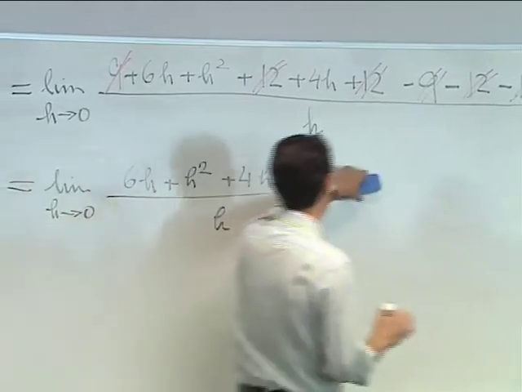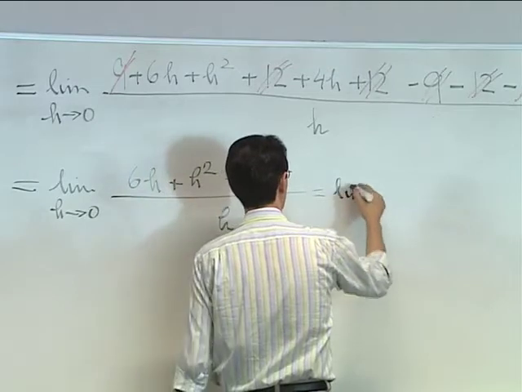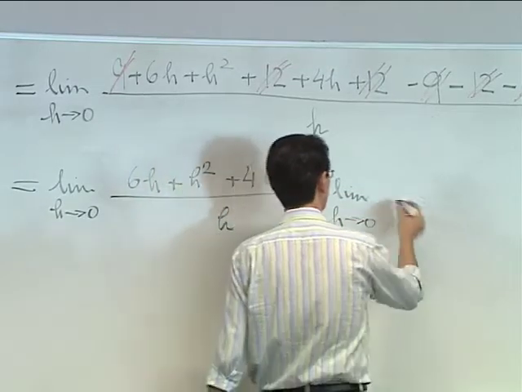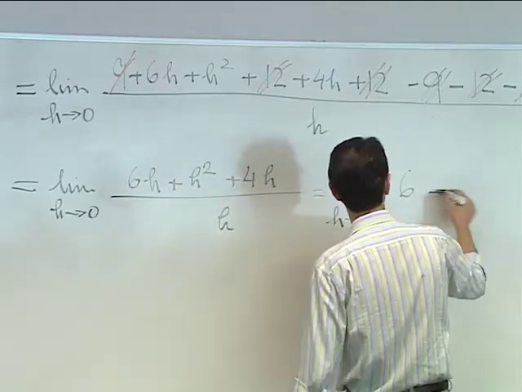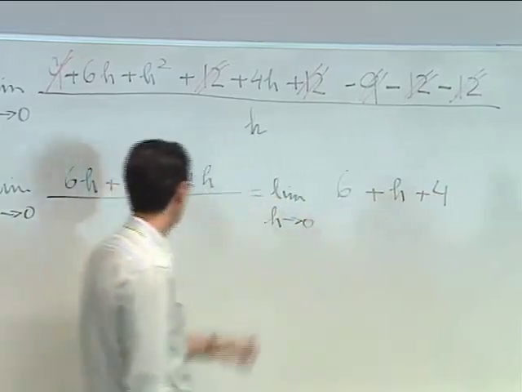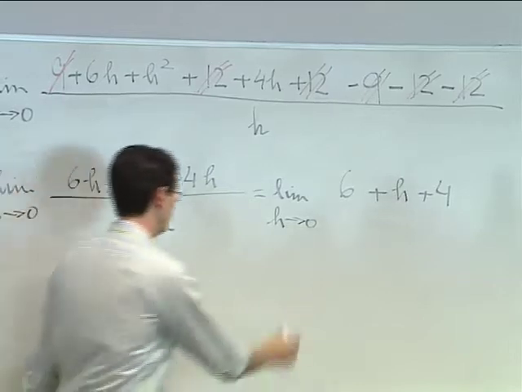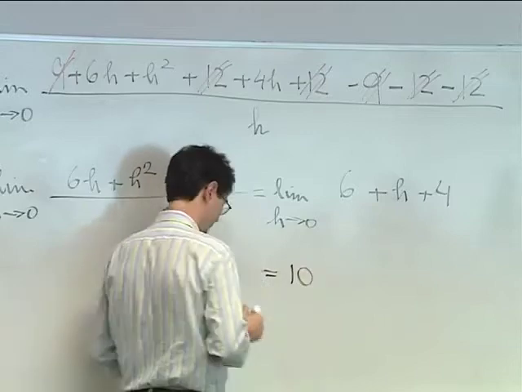Now cancel h's. It's still 0 divided by 0. Limit when h goes to 0 of 6 plus h plus 4. And this time, you can substitute h equals 0. 10.